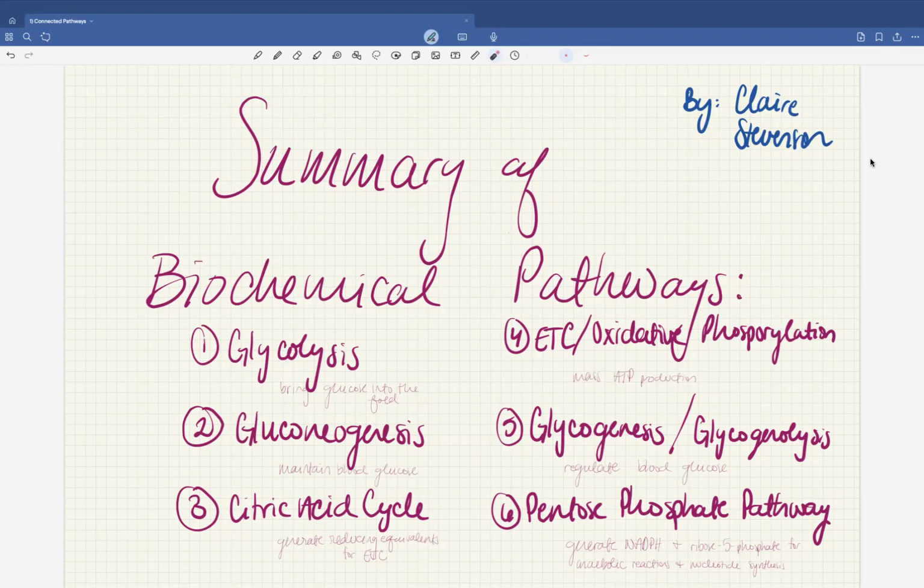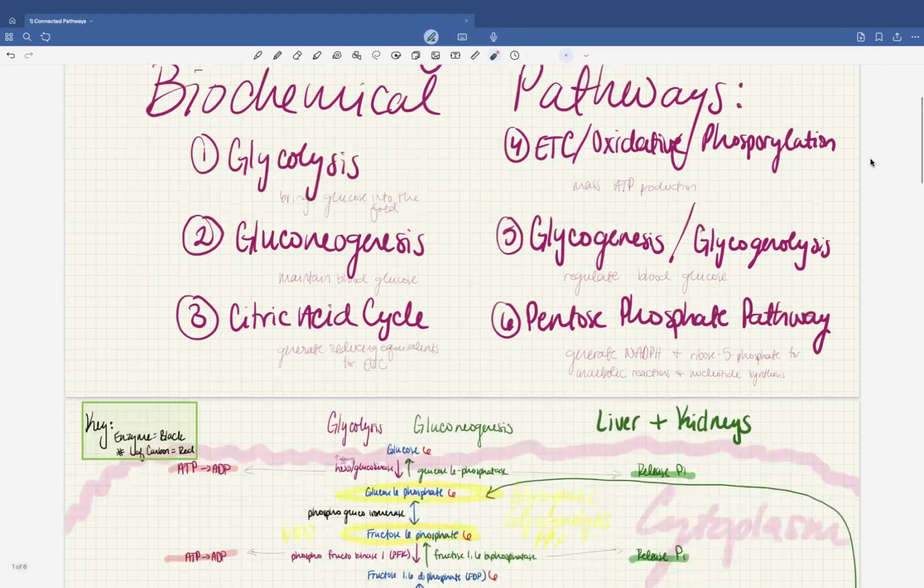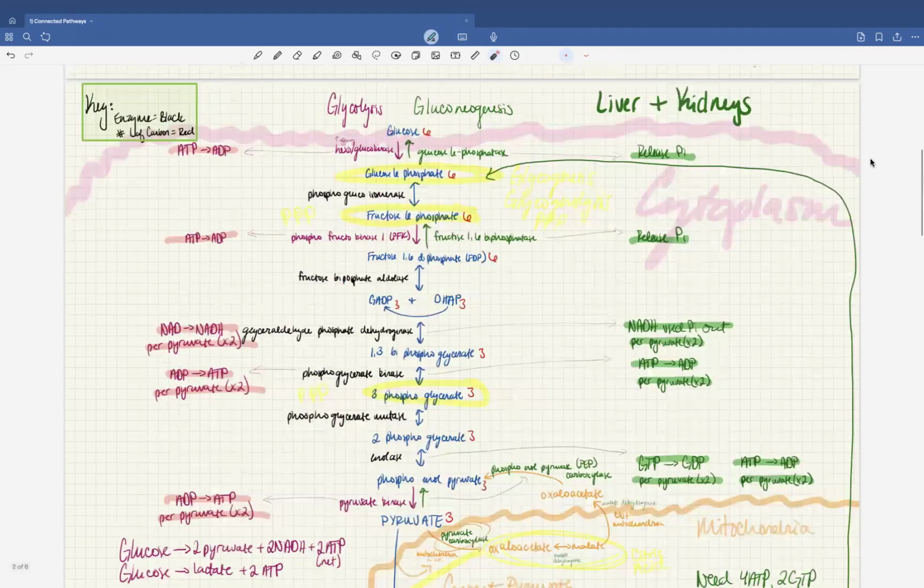Finally, we'll wrap up by talking about the pentose phosphate pathway, which generates NADPH, which is important for anabolic reactions such as fatty acid synthesis, as well as creating ribose 5-phosphate for nucleotide synthesis. So let's get into it.